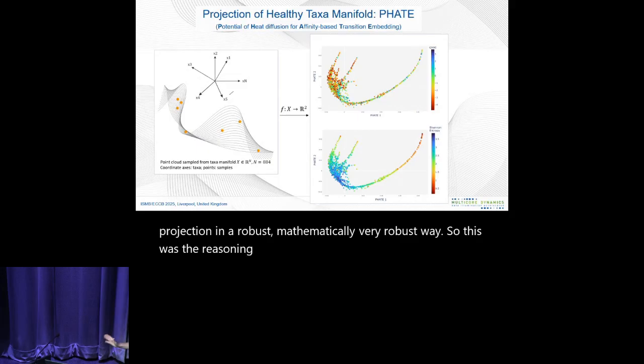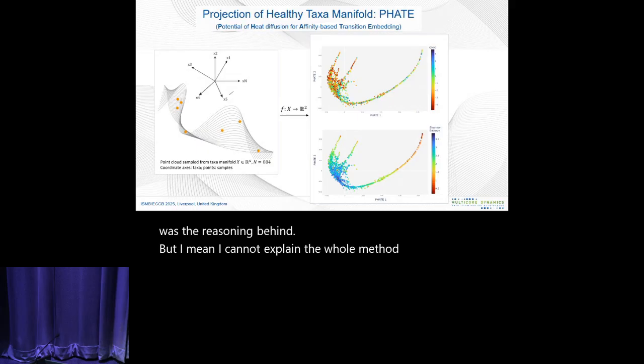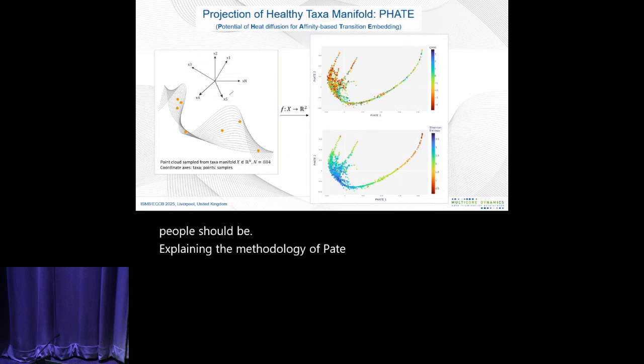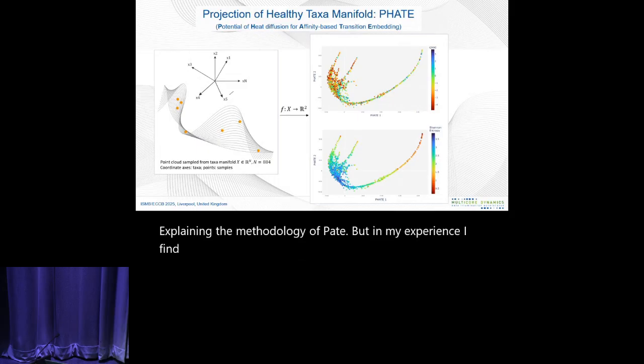But I cannot explain the whole method because it's a whole paper and it's really not my paper. So I think other people should be explaining the methodology of PHATE. But in my experience, I find it useful to see trajectories. So that's how this is also designed.